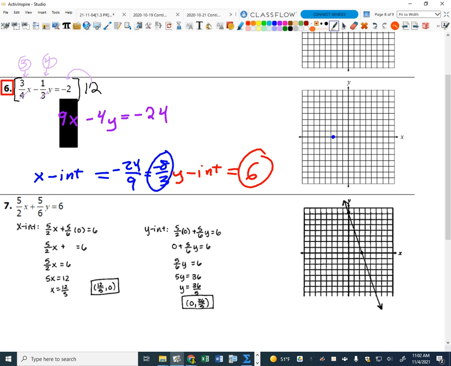I got negative 8 thirds, and negative 8 thirds is equal to, as a mixed number, 3 goes into 8 2 times with 2 remaining over the 3. So negative 2 2/3 is where I had to put that, right? Yeah, we don't use mixed numbers except to graph things. When I need to know negative 8 thirds, it's hard to know where that is on the number line. So I think of it as a mixed number.